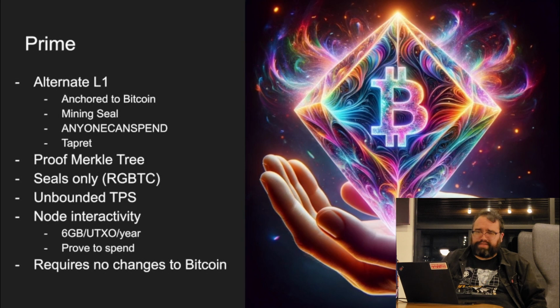And so Prime, what it does is it's anchored to Bitcoin. So it's secured by Bitcoin by what we call a mining seal. And actually, I haven't really got into single-use seals much. I meant to do that, but anyway, it's just this thing that anyone can spend, but if you're following the Prime protocol correctly, you're going to add a taproot commitment to it that includes a proof Merkle tree, which is basically a Merkle tree of all the transactions that are going to go into the Prime network that a Prime miner might want to come up with.